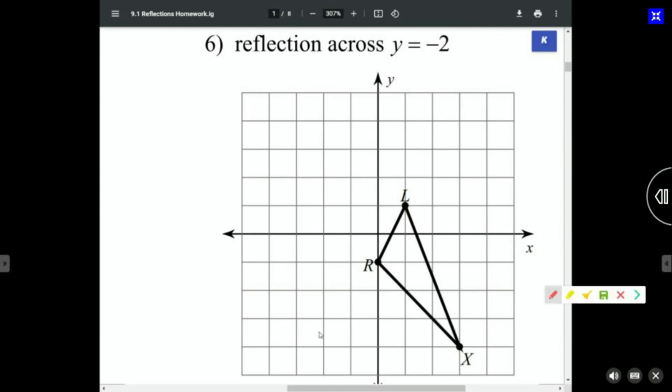Y equals negative 2, right down there, right? Negative 2 on y. Now just draw that line. Remember when we were graphing those lines, x equals was vertical, y equals was horizontal.